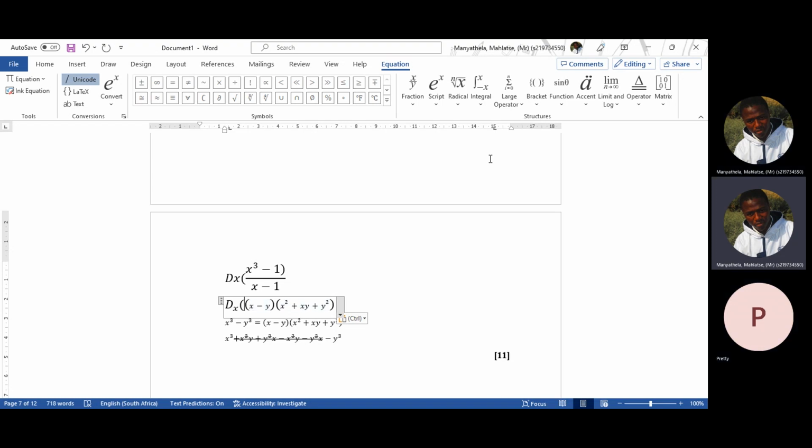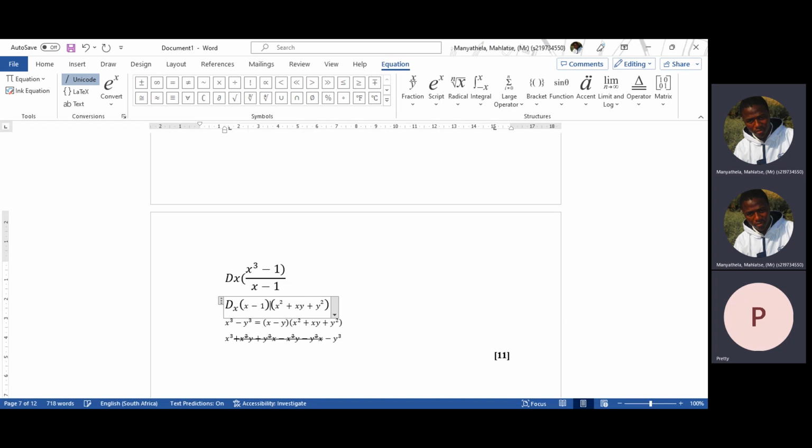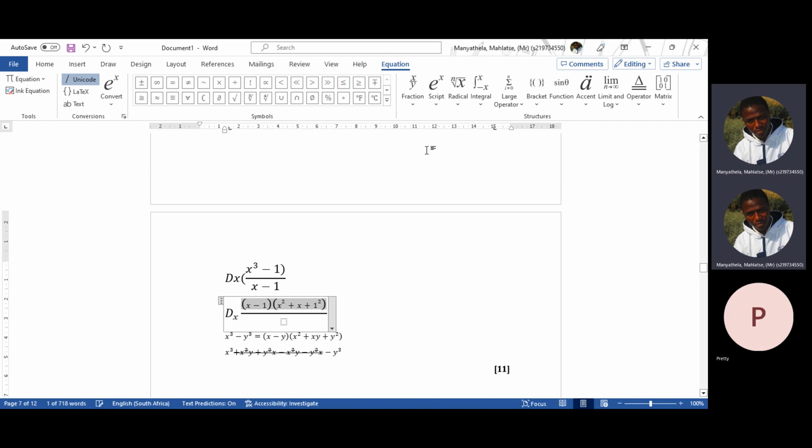In this case our y is 1. So 1 times x will still remain x, and our y is 1. Don't forget that this is over x minus 1. So x minus 1 will cancel x minus 1.